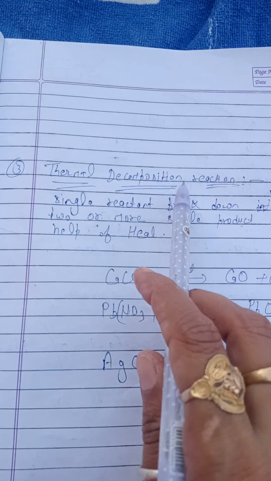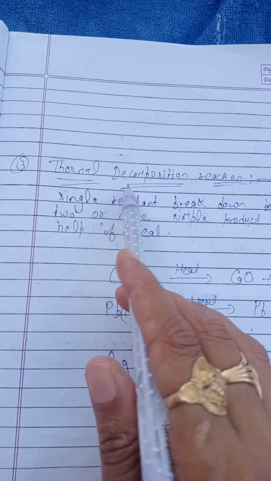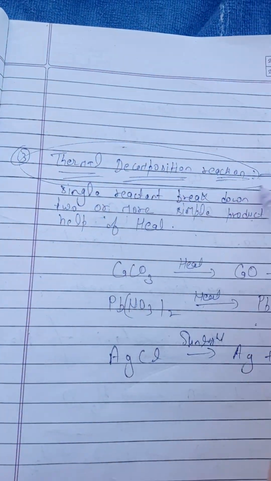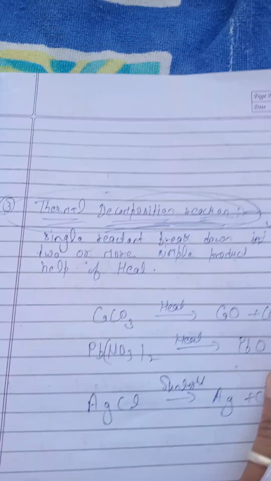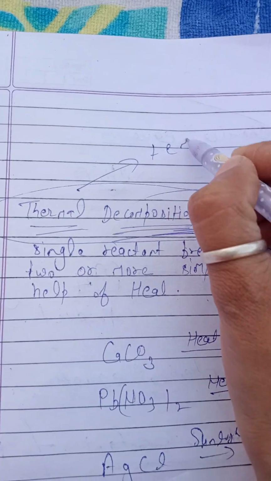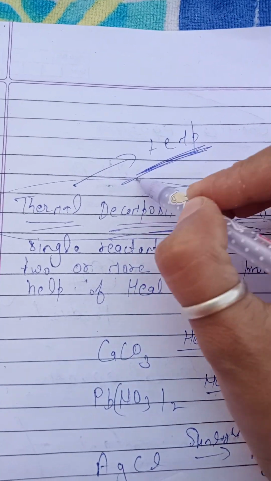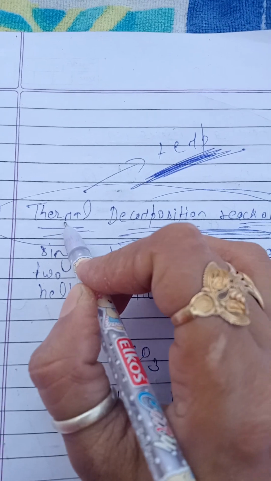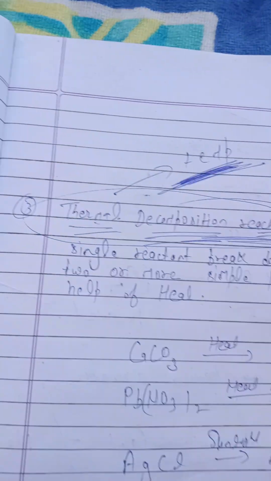Now the next reaction is the thermal decomposition reaction. Thermal decomposition is a type of decomposition reaction. Thermal means temperature. A reaction that breaks down with the help of temperature is called the thermal decomposition reaction.